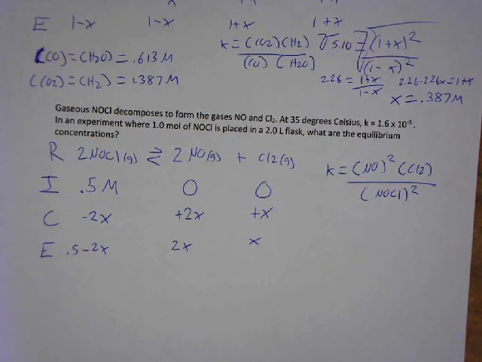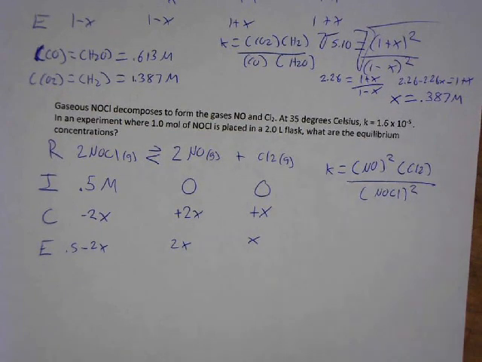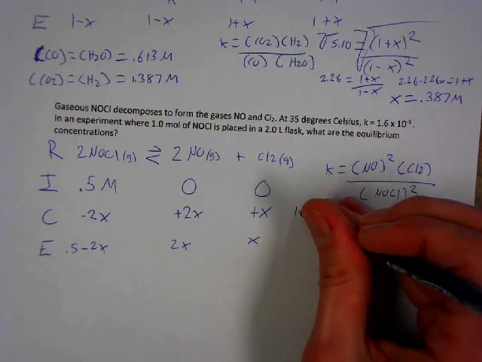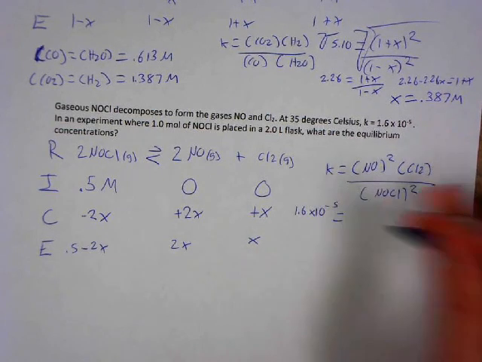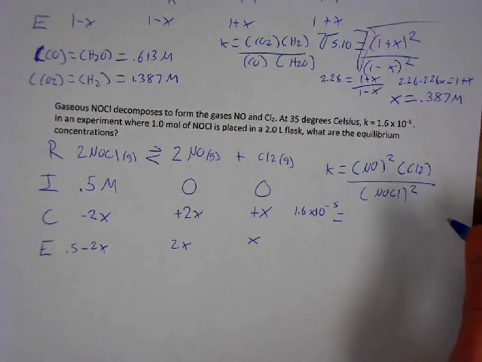So many things to get right. Do you have your 2x's here? Do they become squares here? It's not hard. It's super repetitive, actually. Once you do a couple of these, it's the same thing every time. Next step, sub in what we know.